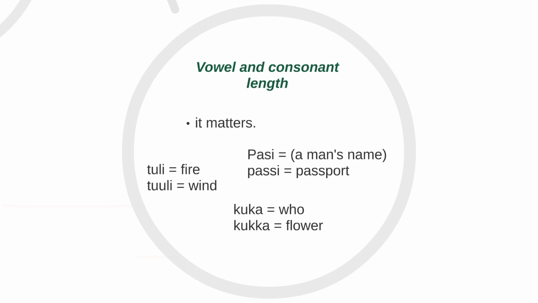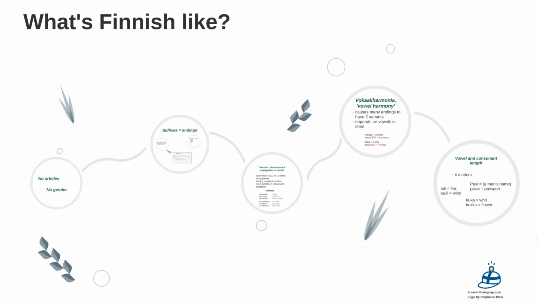Tuli is fire, and tuuli is wind. Tuli, tuuli. Kuka is who, and kukka is flower. Kuka, kukka. These are quite nice examples, but there can be some pretty awkward situations if you don't get this right, so it's worth learning.